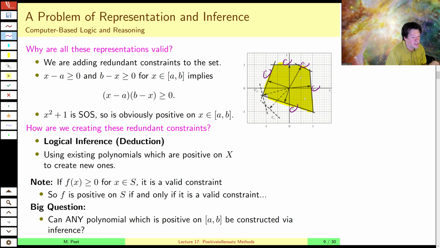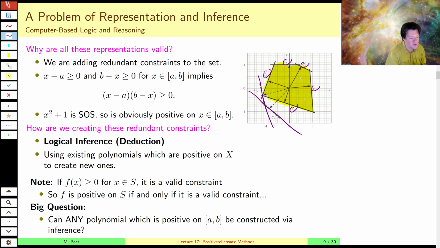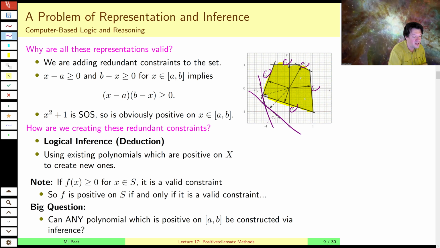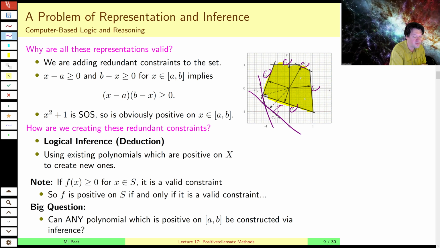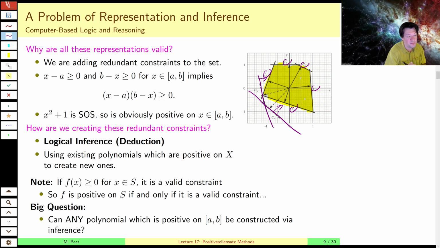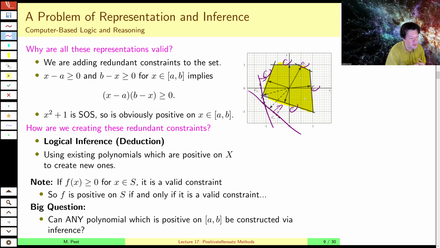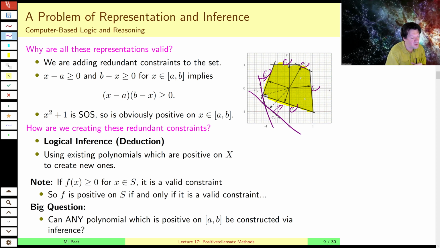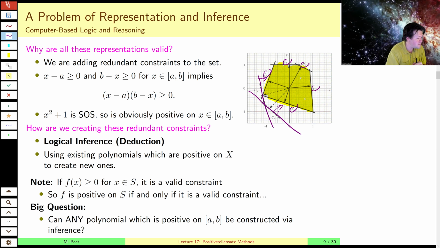We could always add a different constraint, something that's not even touching the set, not very tight at all, C_6 greater than or equal to 0. Those would be perfectly valid inequalities, and we could add them to our representation. So the question is how many of these we should add, and when should we stop?